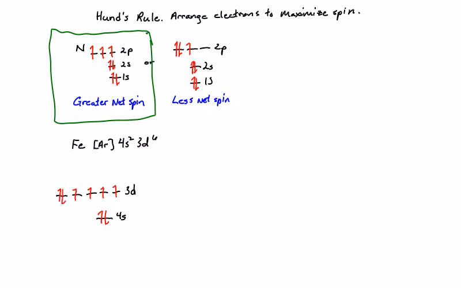So you can see here that we have a net spin. Whenever you have net spin, we say that that particular atom is paramagnetic, which means that that atom is going to be attracted to a magnet.